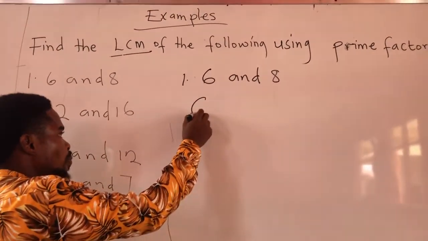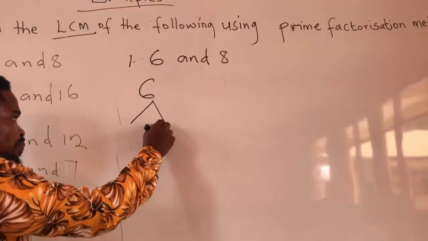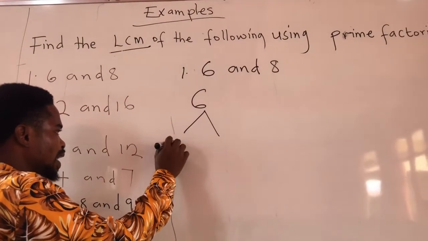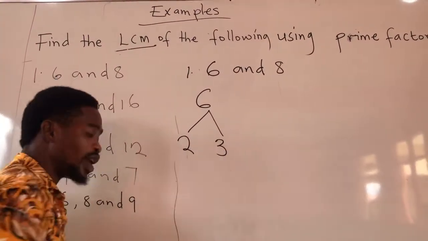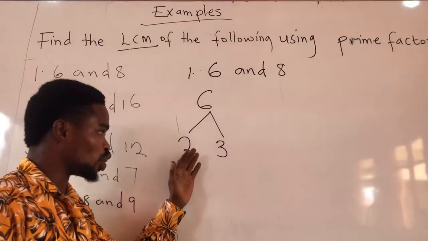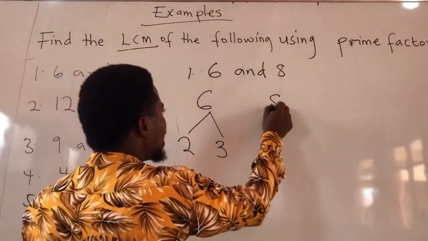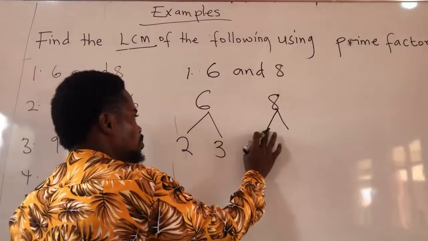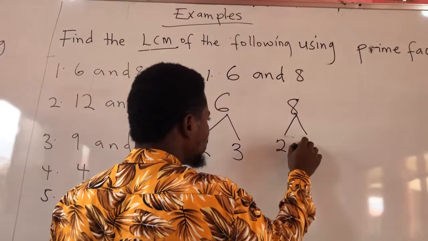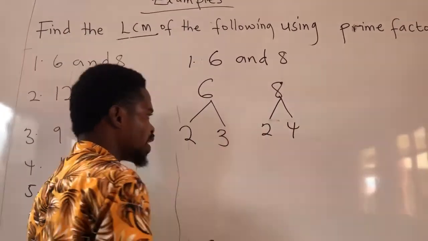First of all, what we did in our previous lesson, we draw our factor tree. The two numbers, when we multiply them, are 2 times 3 will give us 6. It ends here. We cannot move on. We come here, 8. Two numbers, when we multiply them, we get 8 are 2 and 4. So 2 times 4 will give us 8.